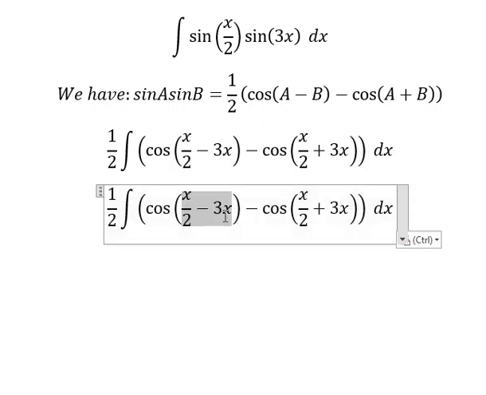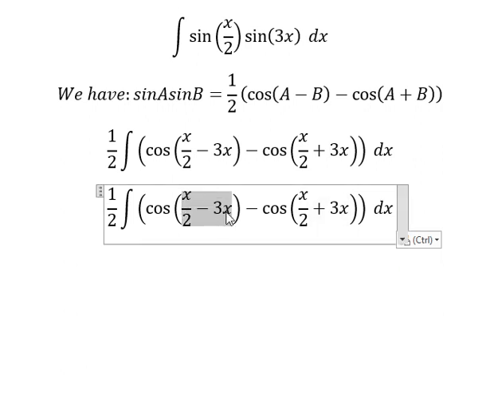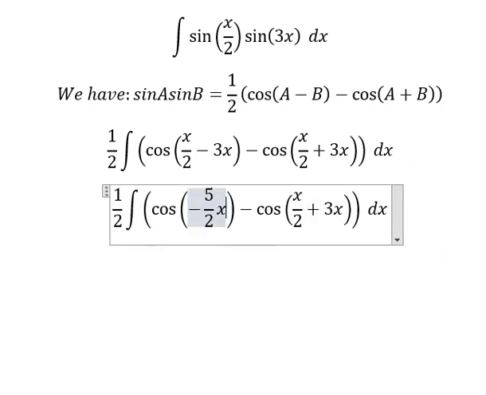So we calculate this one and this one, and we have negative 5 over 2s. This one we have 7 over 2s.